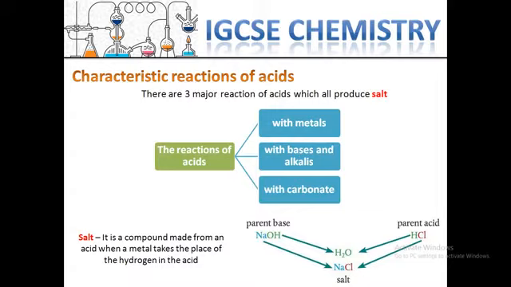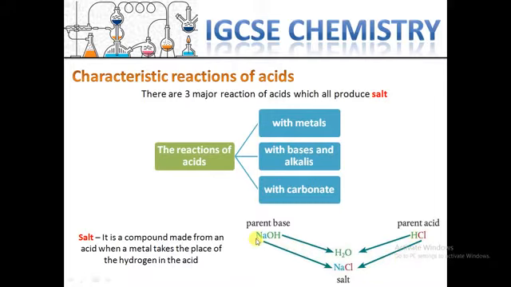When the acid reacts with a metal, the metal can replace the hydrogen of the acid. For example, if a base like sodium hydroxide reacts with an acid like hydrochloric acid, the metal sodium, Na, can replace the hydrogen.